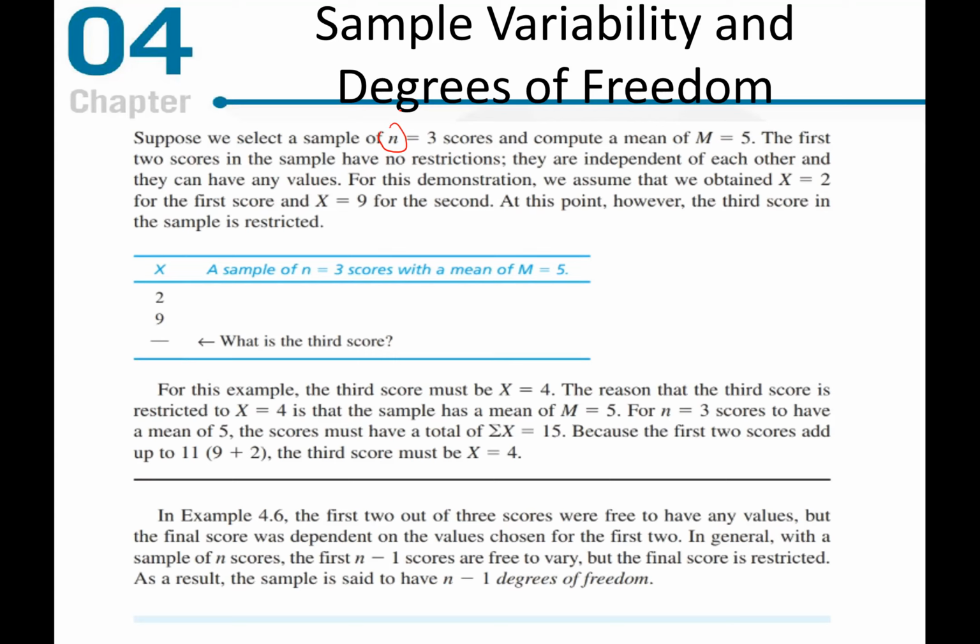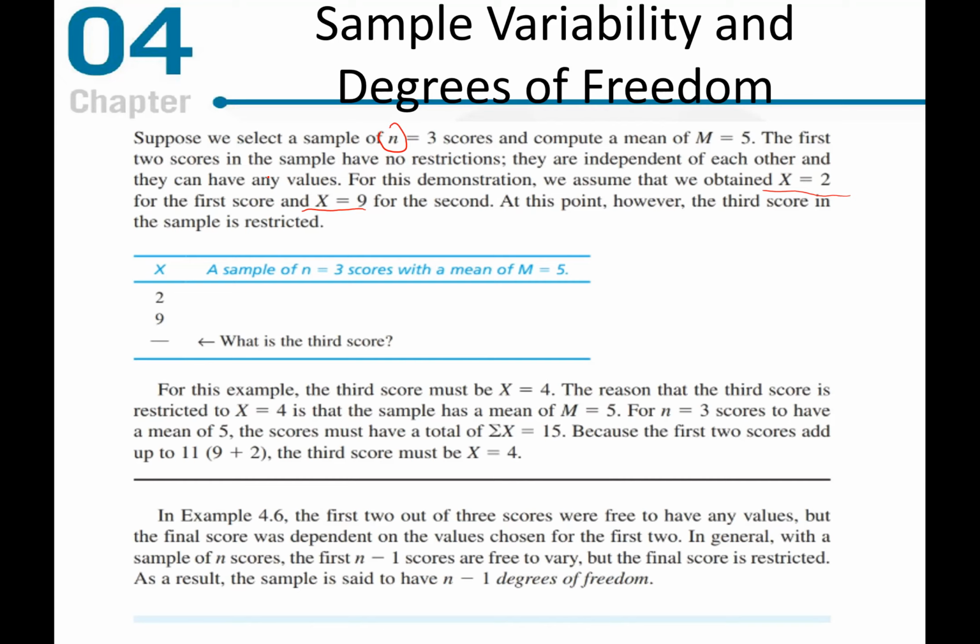For this demonstration, assume that we obtained x equals 2 for the first score and x equals 9 for the second. At this point, however, the third score in the sample is restricted, right? If we already calculated the mean and it's only 3 scores, right? And we know 2 of the scores. One of the scores is 9, the other score is 2.